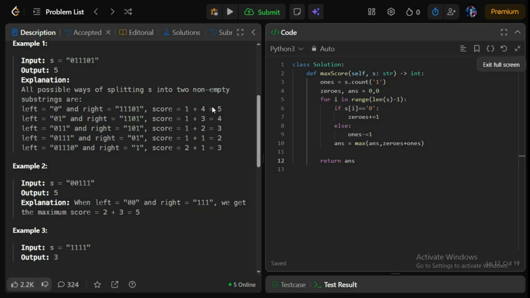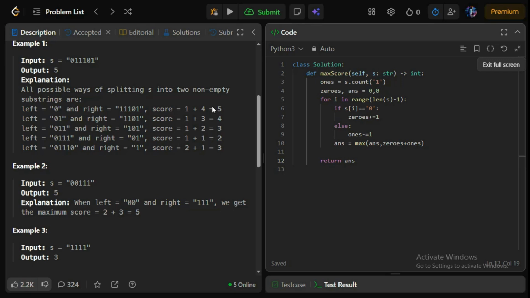When we add these two, we get 4, which is less than 5, so my answer remains the same. In the next run again we get 1, so we decrement ones. Now it becomes 2, and answer is again 5 because zeros plus ones is 3 only.